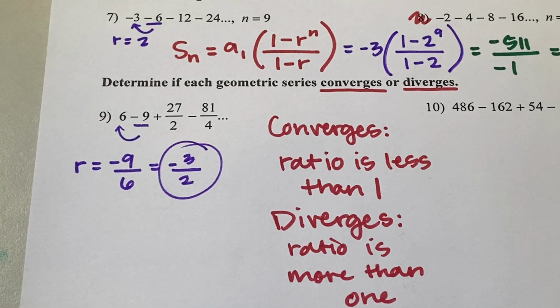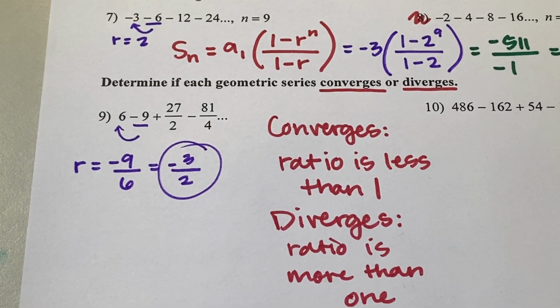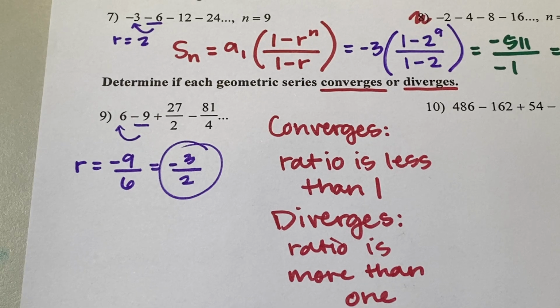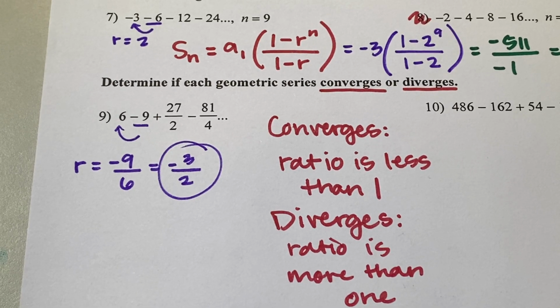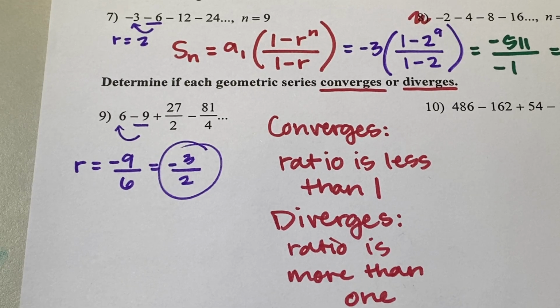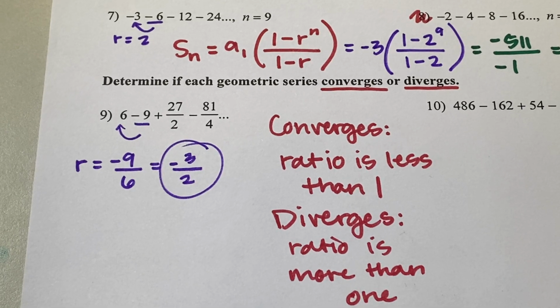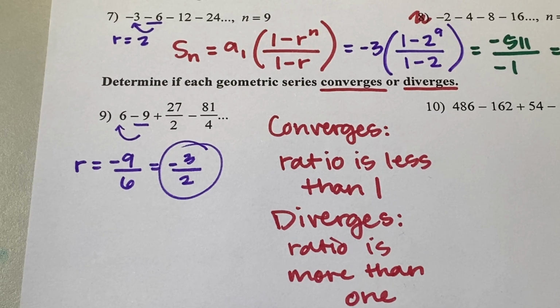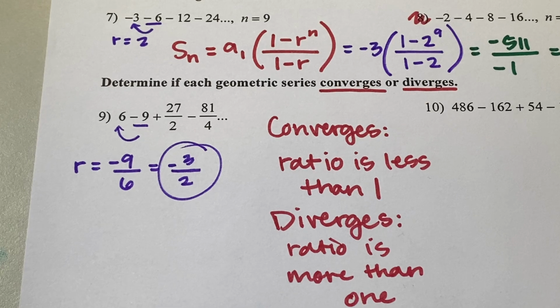Now the only thing you need to ask yourself is, is negative 3 over 2 greater than or less than 1? Think on a number line. It is greater, right?